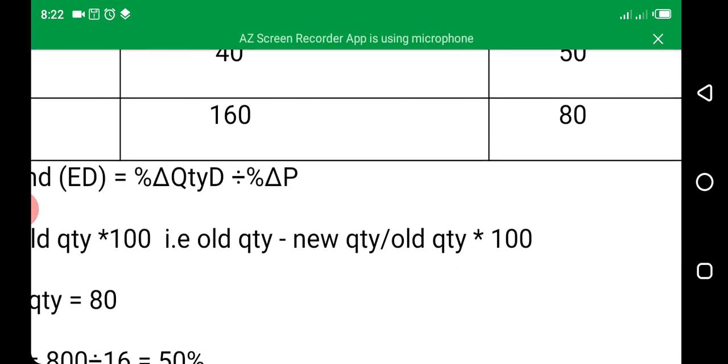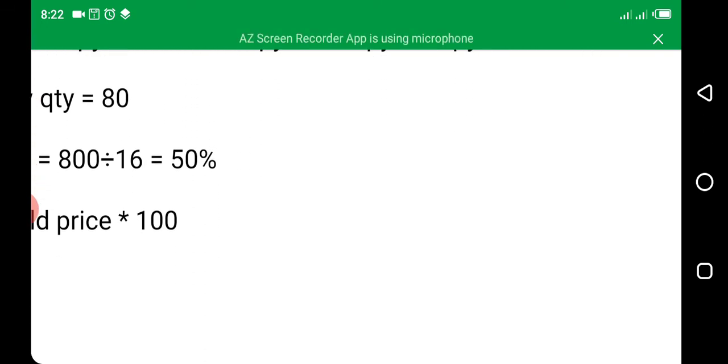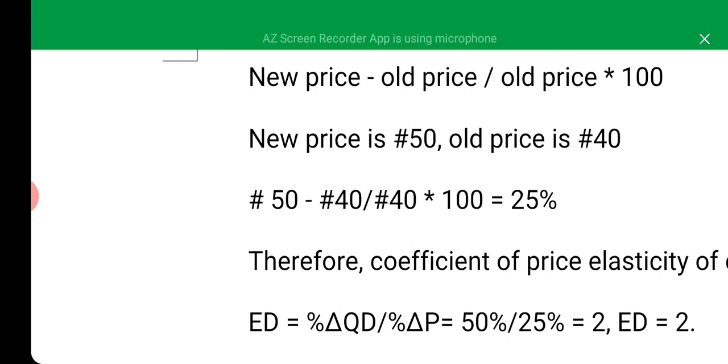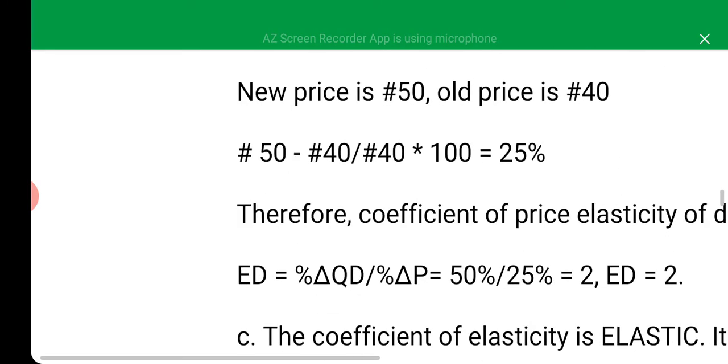So in this case, we change the formula to new price minus old price all over old price multiplied by 100. New price is 50 naira, old price is 40 naira. So 50 minus 40 all over 40 multiplied by 100. This gives us 10 over 40 multiplied by 100. Cutting the 0, we have 1 over 4 times 100, and that gives us 25%.